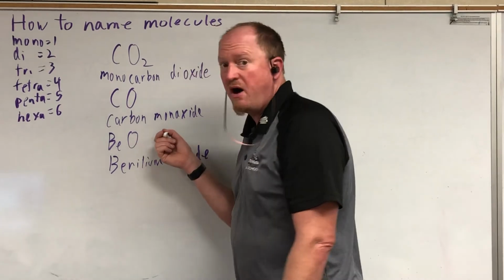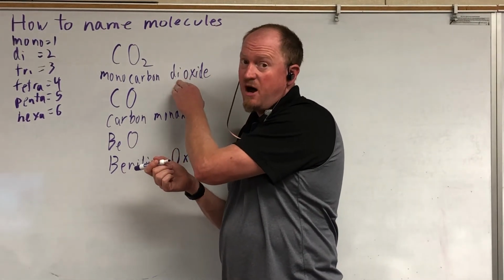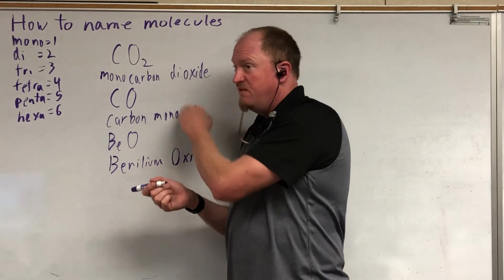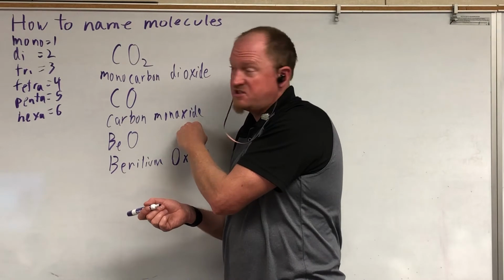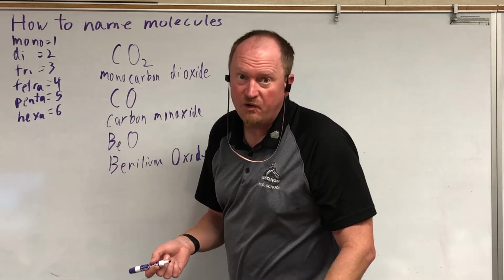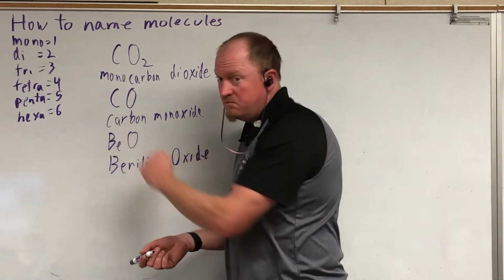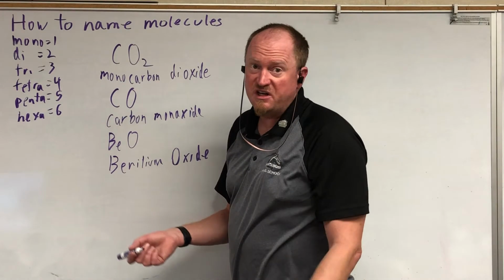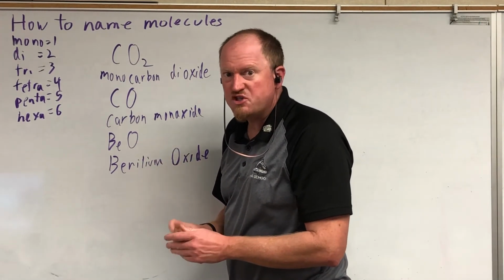The only reason we say mono with carbon monoxide is because carbon dioxide is so common. We are constantly dealing with carbon dioxide and carbon monoxide. That's why we say monoxide. Normally, if there's just 1 of something, after all, there's only 1 carbon here, we usually don't say anything, but sometimes I do. But I'm getting a little distracted.